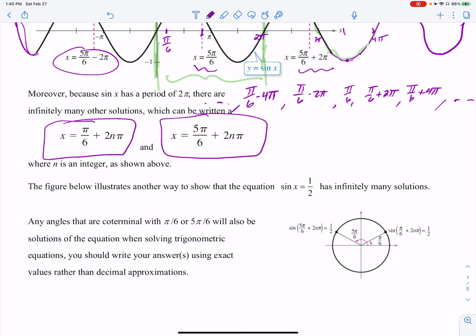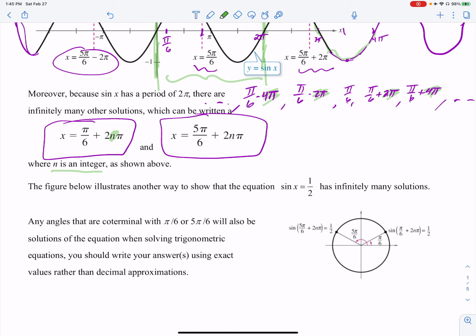So how can I describe this in a way that indicates how it's changing? And how I do it is I multiply 2 pi by n, where n is an integer.